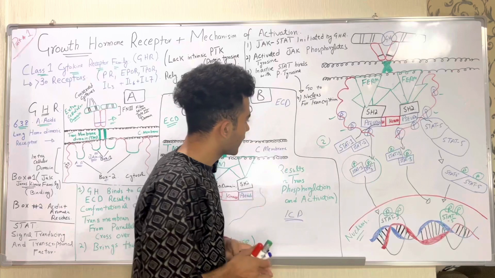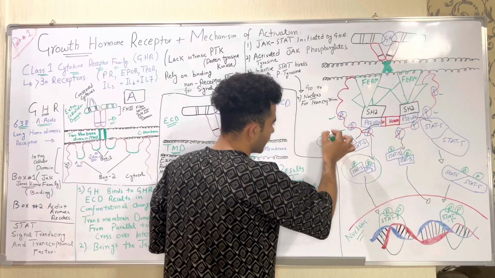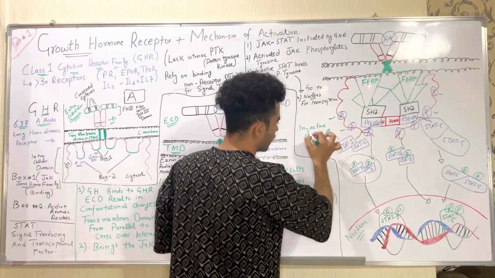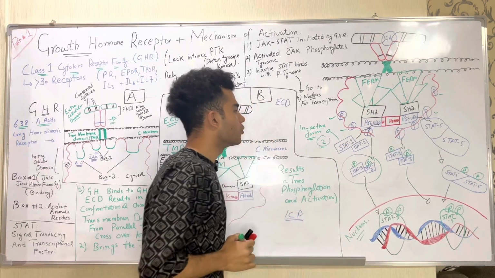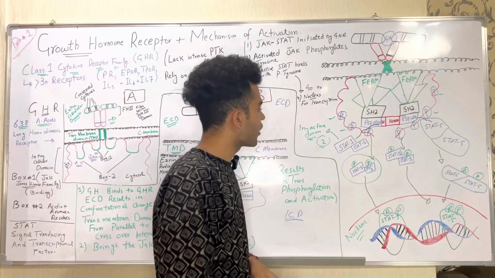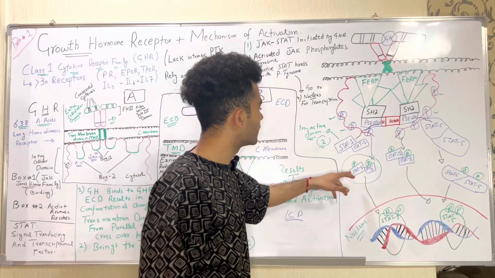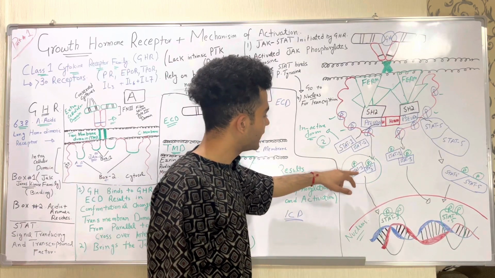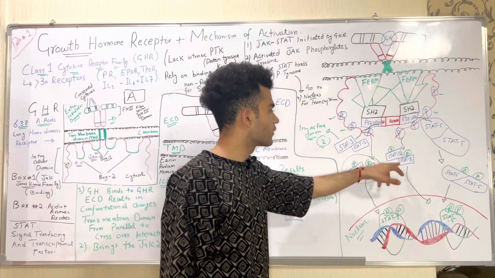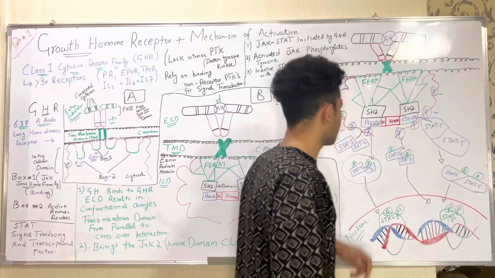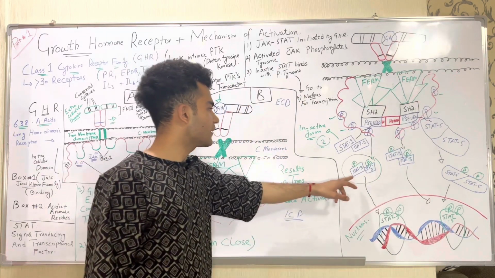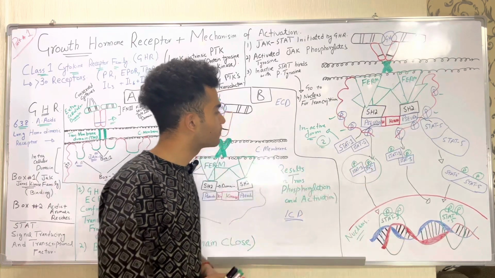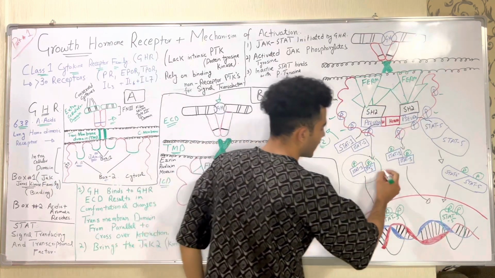Now what will happen here? If we see, it was in inactive form. Now if it was in inactive form, the phosphate attaches to this STAT3, STAT1, and STAT5. So when it attaches to STAT3 and STAT5, this part now becomes activated.